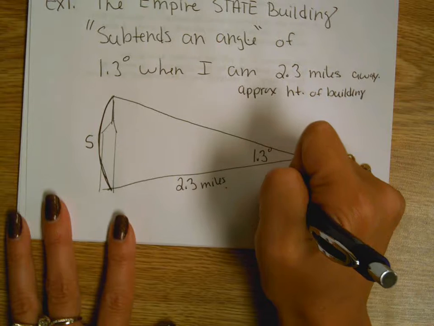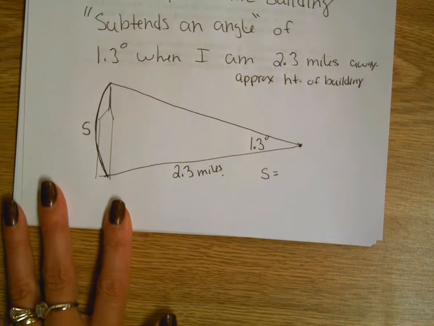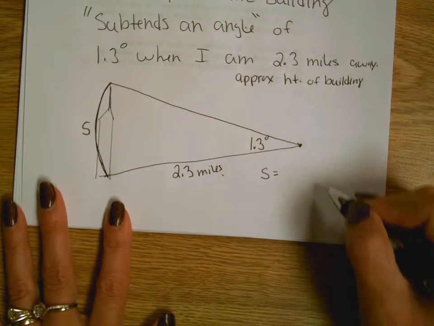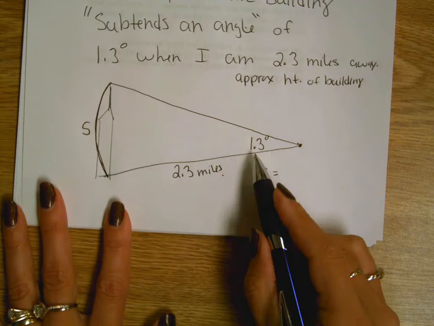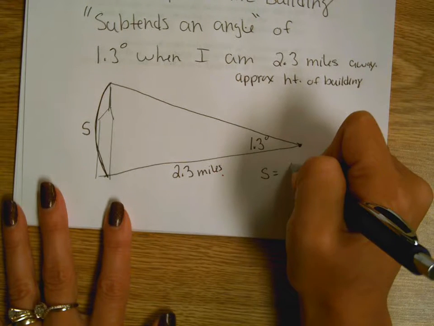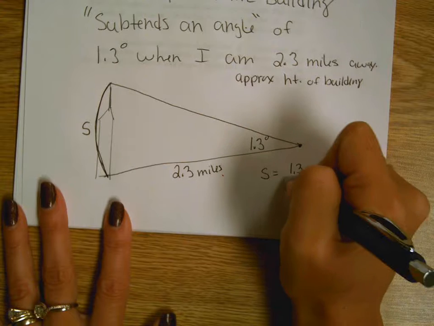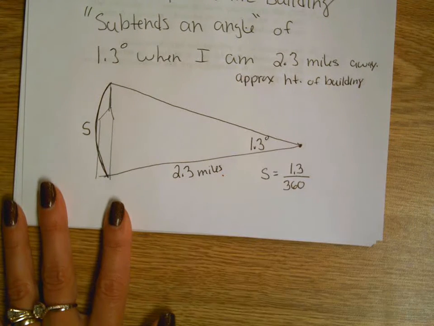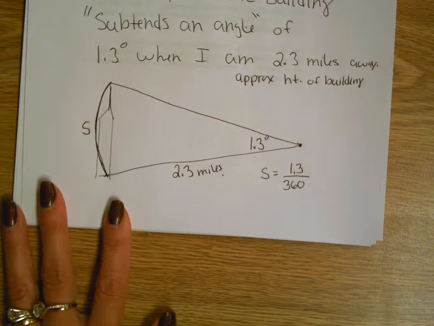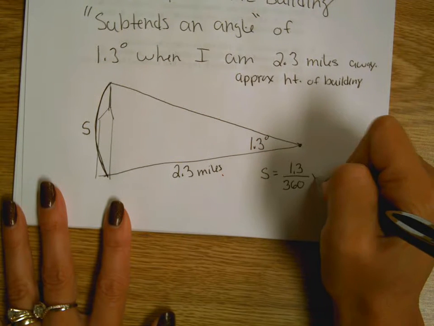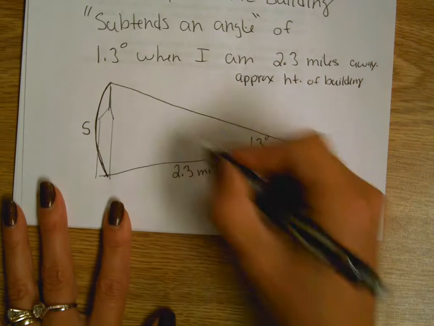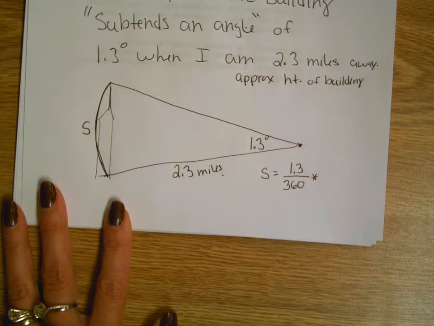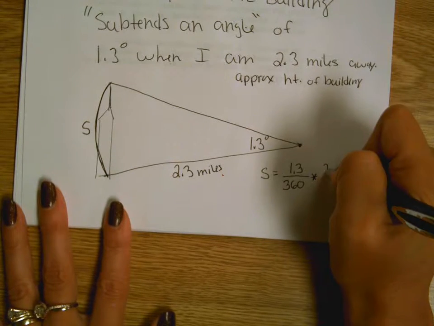So our arc length formula, we need the fraction of the full circle, which is 1.3 degrees out of 360 on a full circle. And then we need the circumference, because that's the distance around, the fraction of the full distance around, that's 2 pi r.